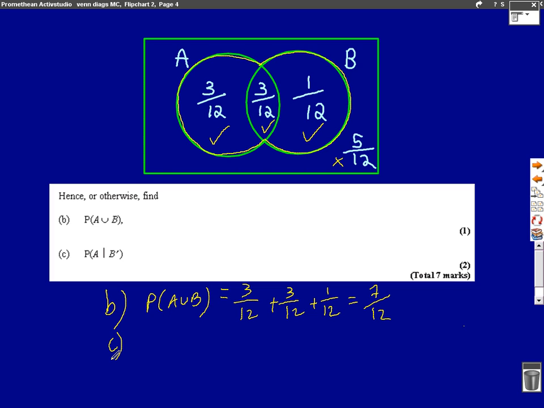Okay. The next bit is the bit that people find hard. The first bit was easy, to be honest. So it's one of those shrunken sample space questions now. So they've said, given that we're not in B, what is the probability that we are in A? All right, so they've already told you this bit at the end is given that we're not in B. Okay, so if you look at the diagram again, we're not in there.